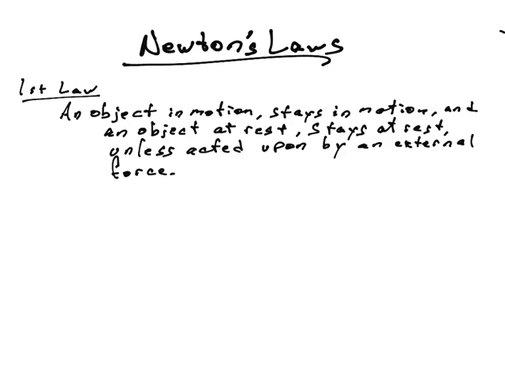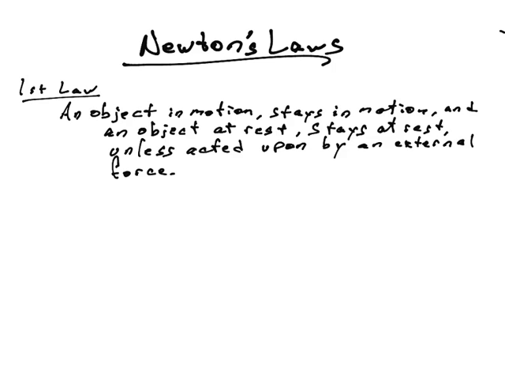So obviously you have a glass of water on your table. It's just going to sit there forever until someone moves it, picks it up, pushes it, whatever. So that's what the first law says. It's pretty intuitive. Once we understand that when we see instances where it doesn't seem to be true, we have to go and investigate and see, are there any external forces that may be invisible to us?